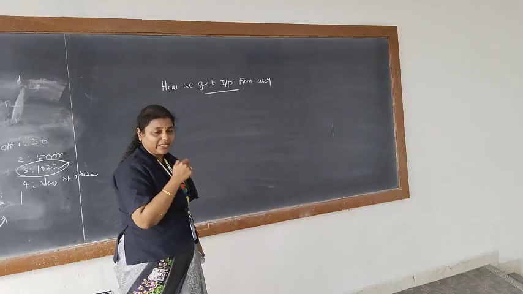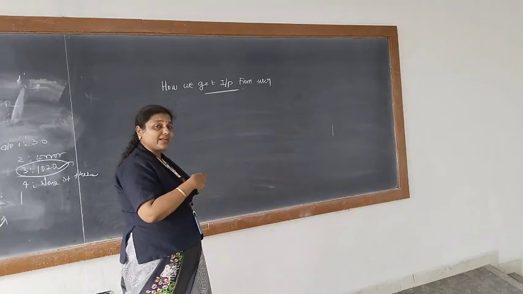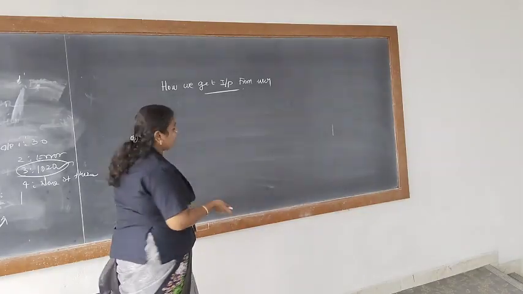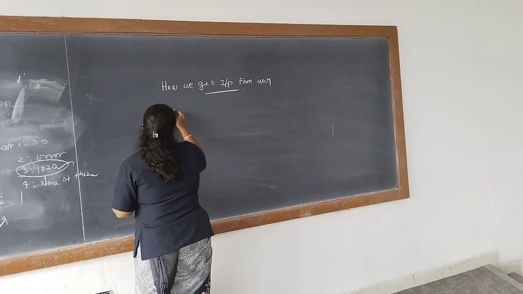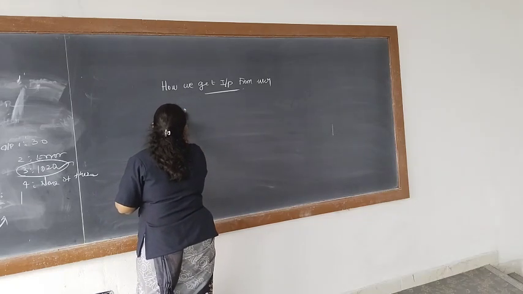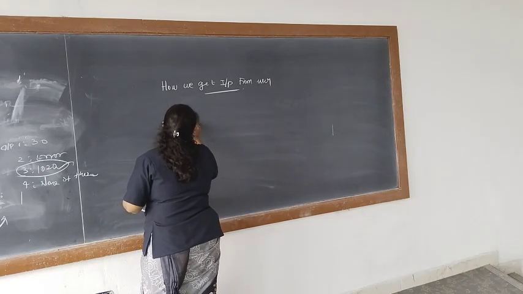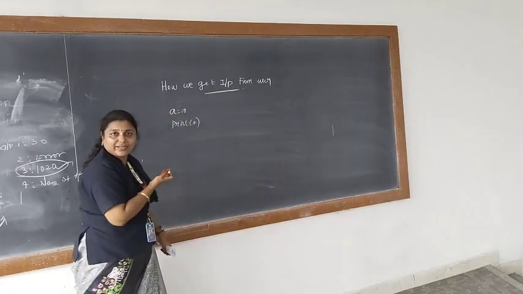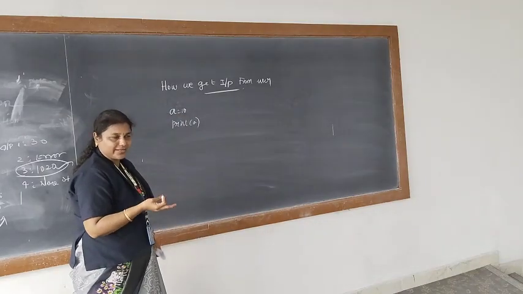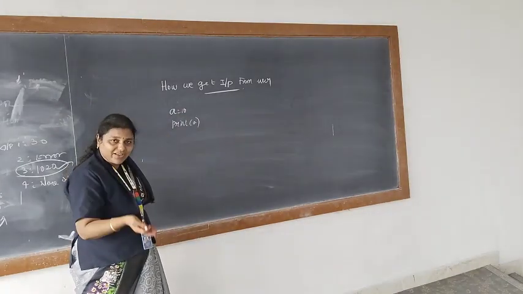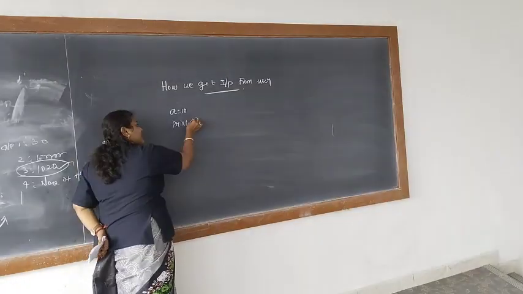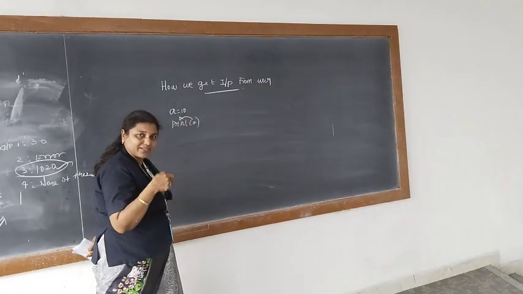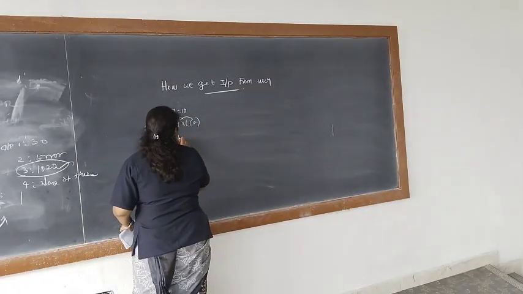Before that, we give a variable and feed a value to it. So we give any variable as a, and then we give the value. The print statement given as a will give the output as 10, correct?